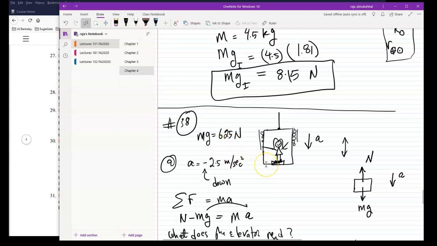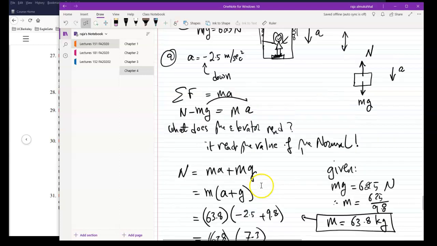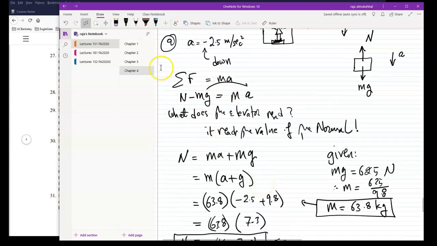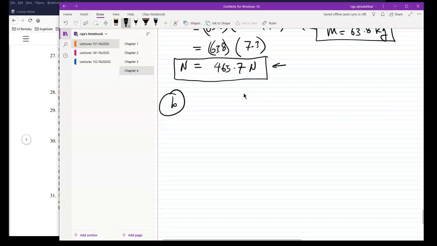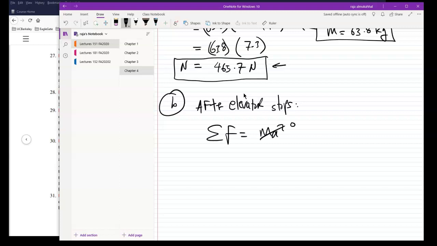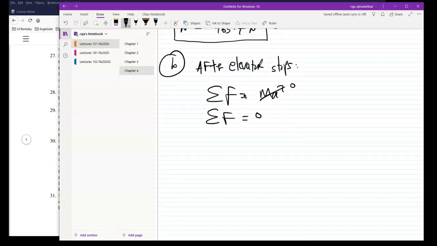Can I prove that? Yeah, you can prove it. All I need to do is use the same formula, this one right here, sigma f equals ma, where there's no ma anymore. It stopped. Look. So after the elevator stops, sigma f equals ma, but the ma is 0. So I'm basically in equilibrium.